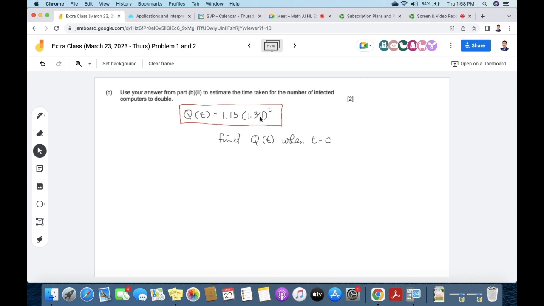Use this one. And then try to modify the value of q of t such that it becomes double of what you've got, then solve for t. If you have another strategy, you could also use that. You don't have to follow this one. This is just one of the strategies. Maybe I'll give you 5 minutes to work on it. Proceed.